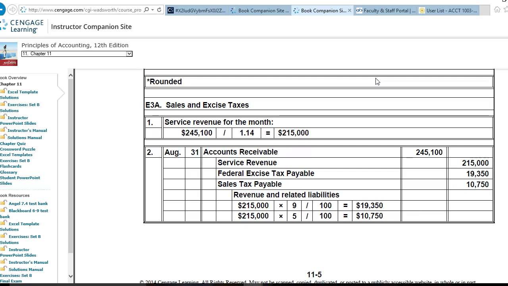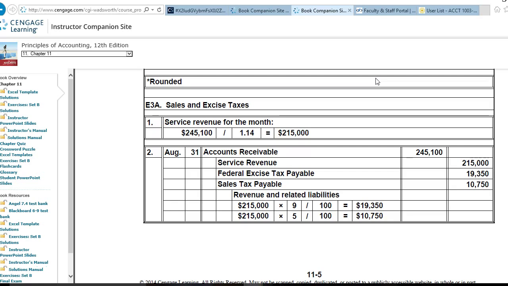Okay. The sales plus a 5% sales tax plus a 9% excise tax equals our total amount. Okay?